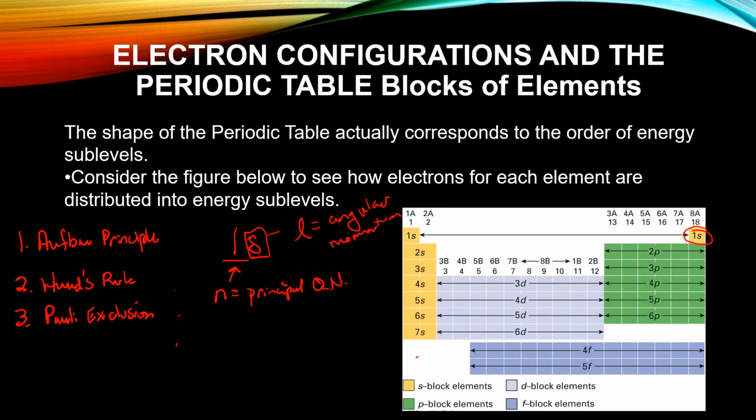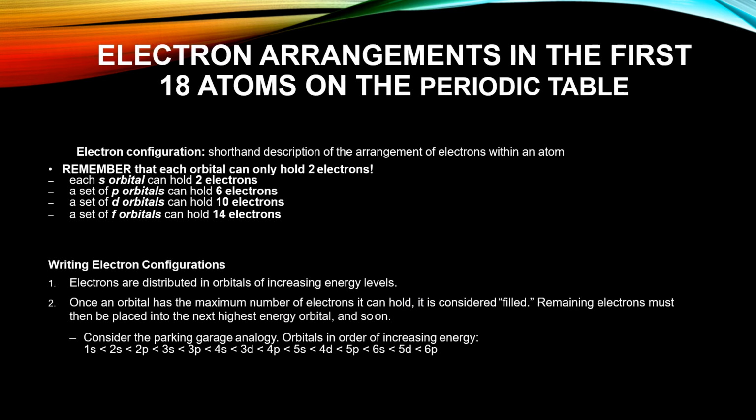Okay, so let's now start to look at some examples. We're going to look at some of the electron arrangements for some of the atoms on the periodic table. Just a quick reminder that each orbital can hold only 2 electrons. Each s orbital can hold a total of 2 electrons because it has only one orbital.